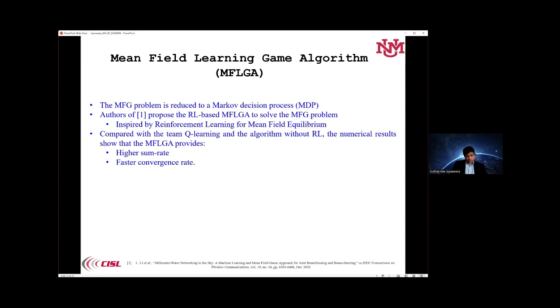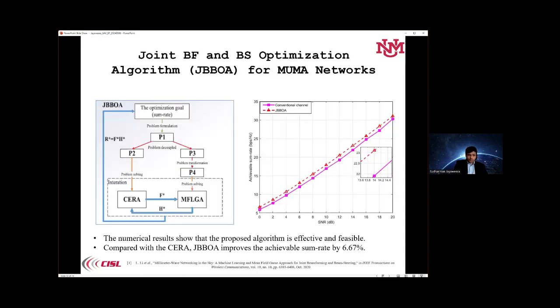And it is shown that it is better than the traditional Q-learning and the algorithm without using any reinforcement learning, both in terms of the convergence as well as the final achieved sum rate.